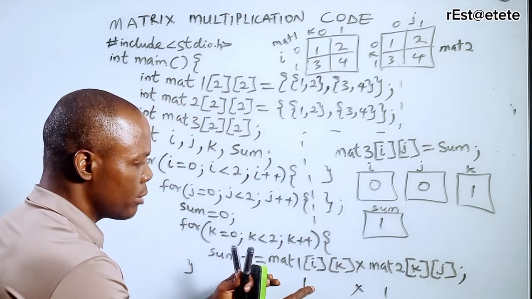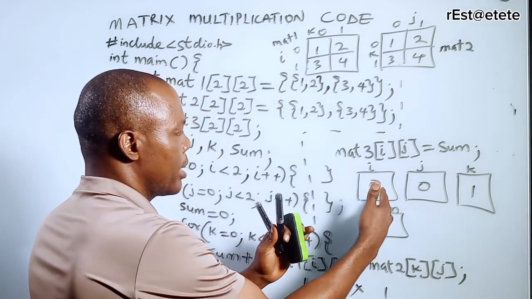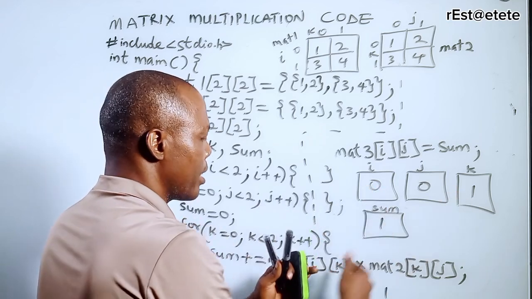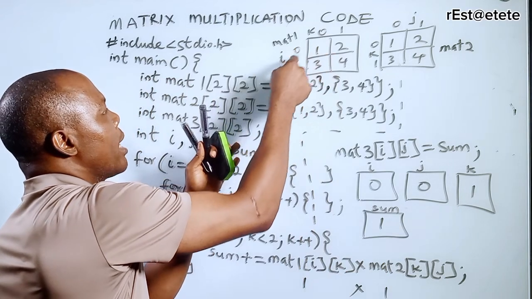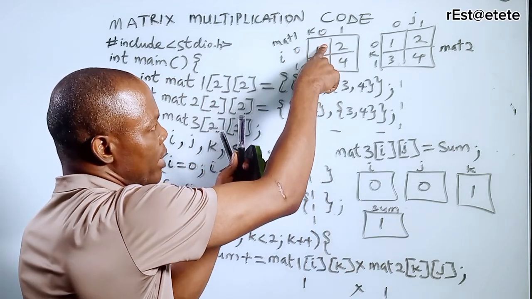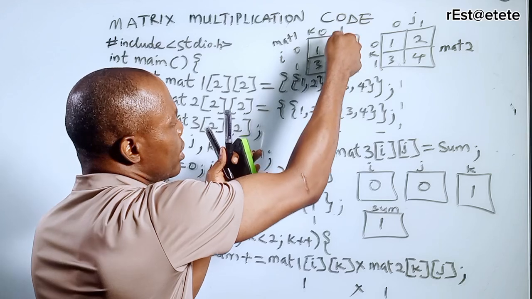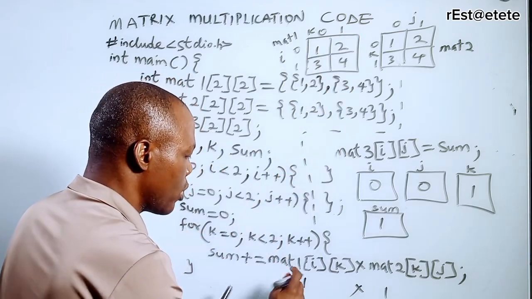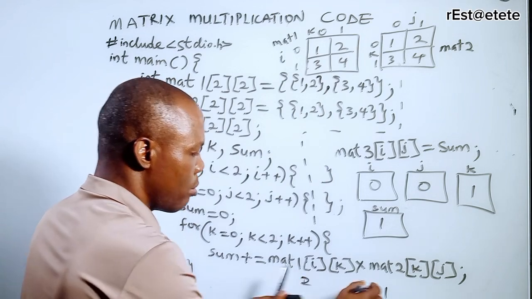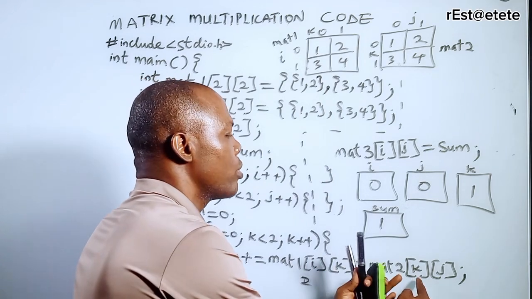Then you come back into this place. I is now 0. K is what? 1. You come back to this place. I is 0 and K is 1, which is this one. So that is 2. So this place becomes 2. Multiply by mat2.